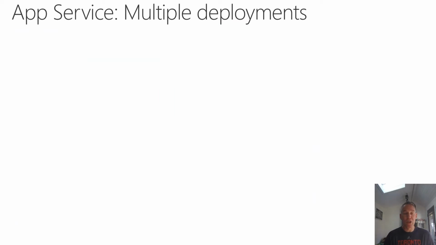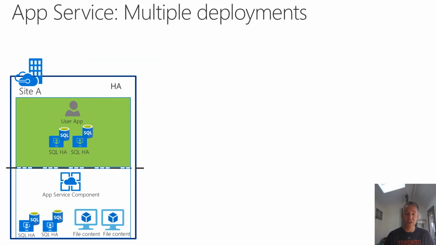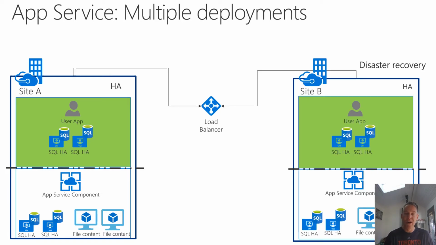Okay, and what about App Service? So if you're deploying websites, etc. So you've got the App Service resource provider installed on your Azure Stack and you want to make it available elsewhere, you can use traditional web load balancing techniques here. So if you have a load balancer external as a device, or maybe even an Azure load balancer, you can point your users to instances of the website that are running on two Azure Stacks.